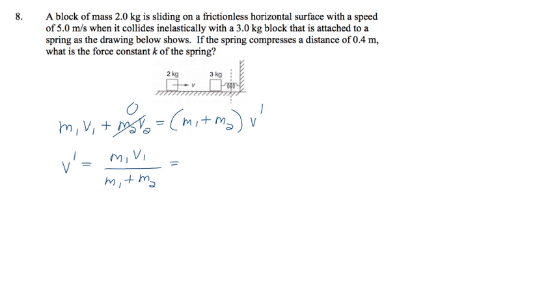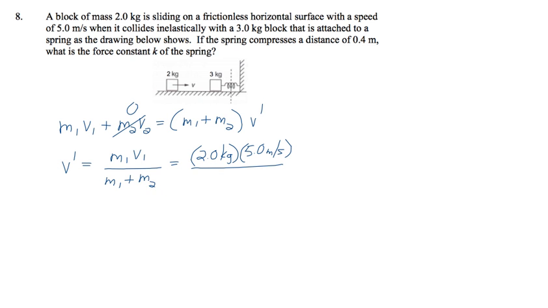And if I put in the numbers, we're going to have 2 kilograms times 5 meters per second, divided by, if I add up 2 and 3, that's 2 kilograms and that's 3 kilograms.